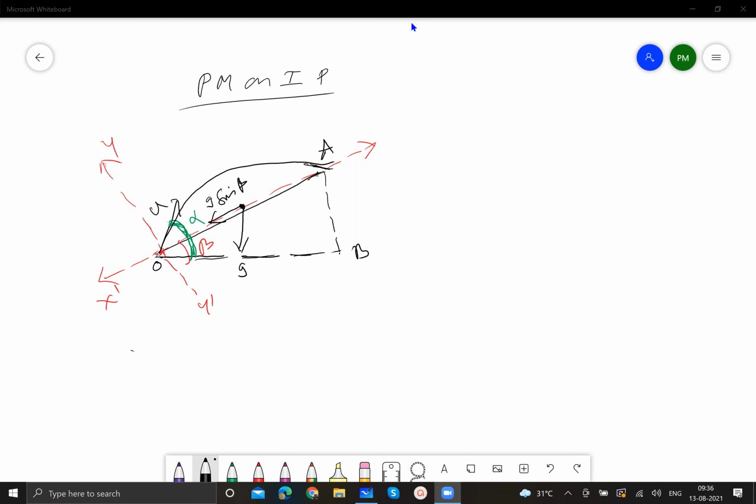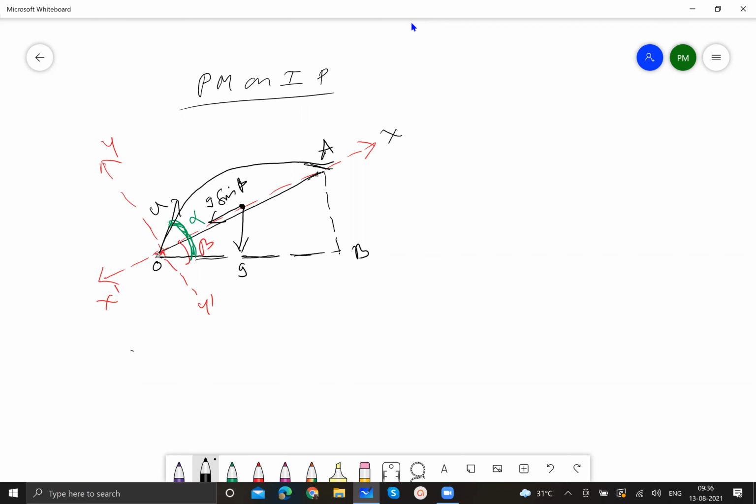So here the motion is explained with reference to the inclined plane along x-axis. Therefore, when g is resolved into components, the component of g down the plane is g sin beta and normal to the plane is g cos beta.